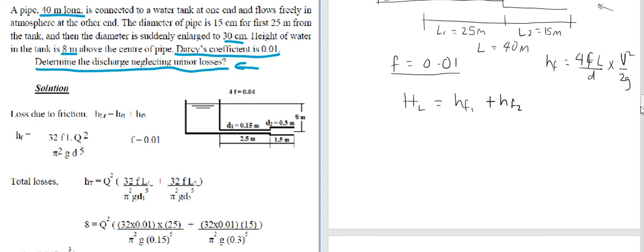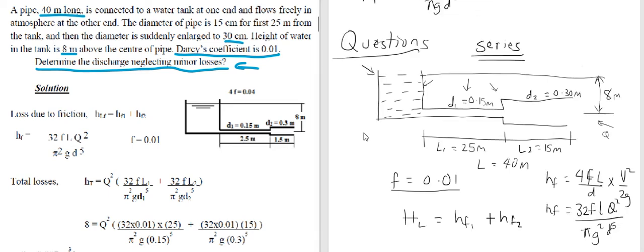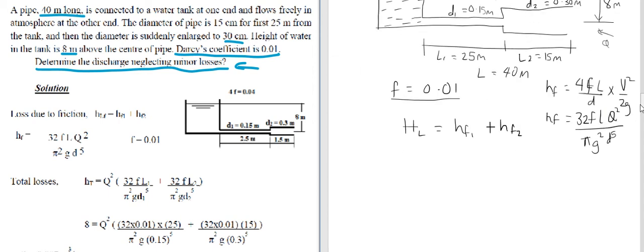But do we use this formula? What do we have to find? We have to find the discharge. I think it will be more convenient to use the formula that involves Q, that is discharge, and that is HF is equal to 32 FL Q square over pi G square D raised to power 5.